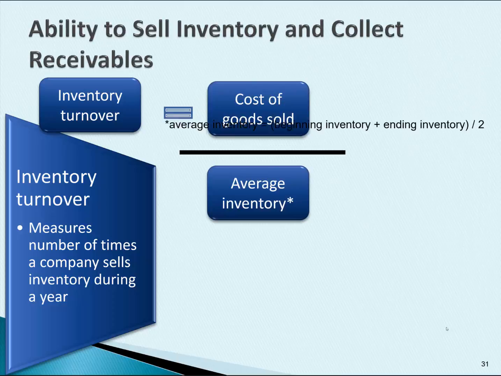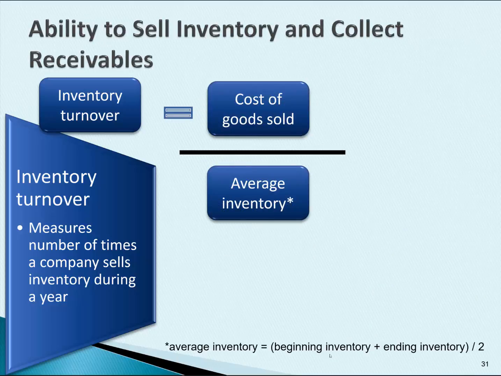Now remember, to calculate average inventory, you take your beginning inventory, beginning meaning the beginning of the accounting period, probably the beginning of the year, add it to your ending inventory at the end of the year, and then divide by 2. That gives you your average inventory. So it's comparing the cost of what you sold versus the cost of your average inventory. So it's measuring the number of times a company sells inventory during a year.